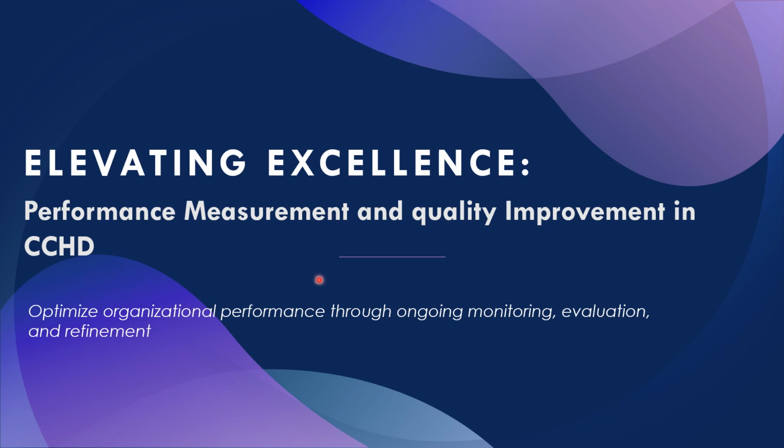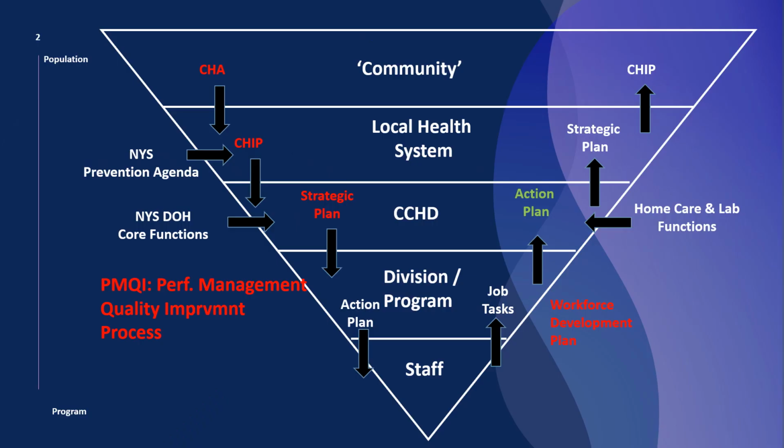So to elaborate on this concept of elevating excellence, we have to formalize things. So you may have seen this diagram of the funnel of health, maybe from the previous presentations within this series. And in this framework, the left side of the inverted pyramid outlines foundational documents created across levels.